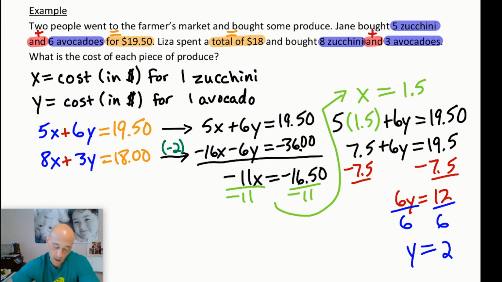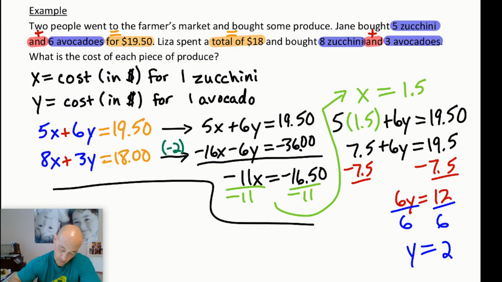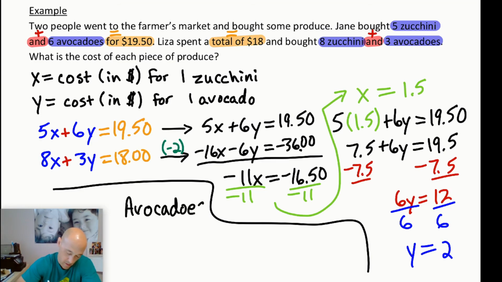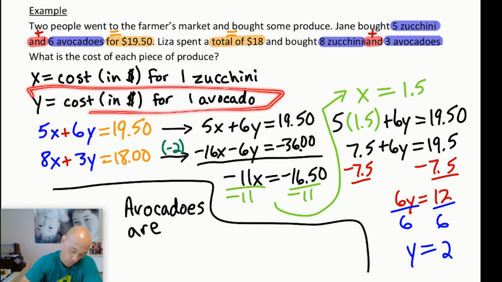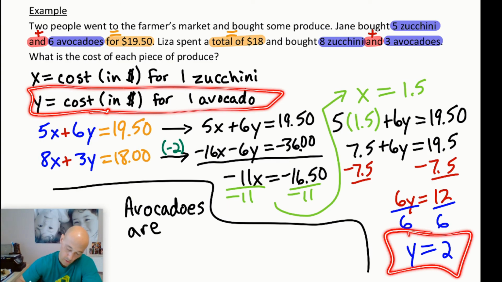So there we have our solution, but we need to do the next step, which is answer in a complete sentence. So I'm going to block that off. I'm going to say avocados are, let's see, avocados are the y, so they're 2.